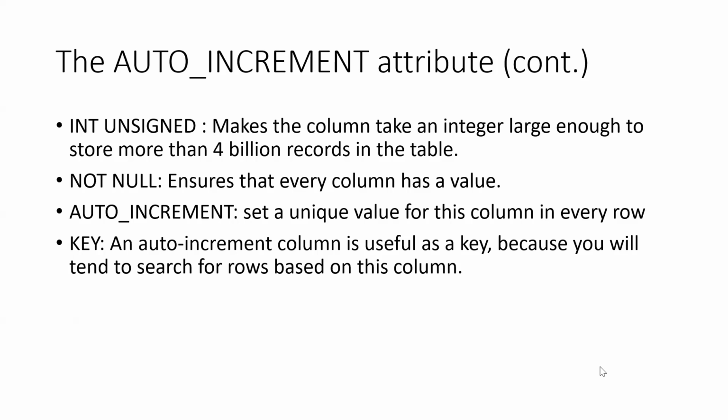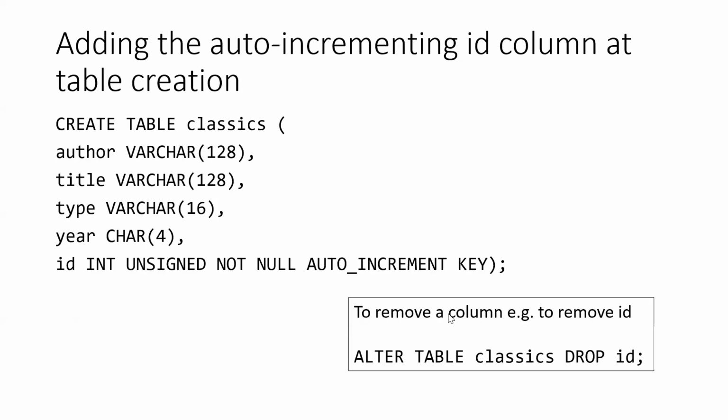So in case you want to update our original table, here is what we can do. We can say create table classics, author varchar 120, title varchar 120, type varchar 16, and year char 4.